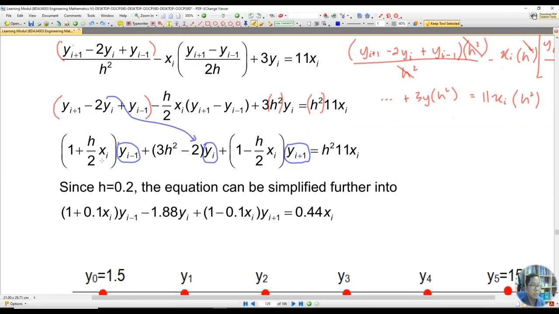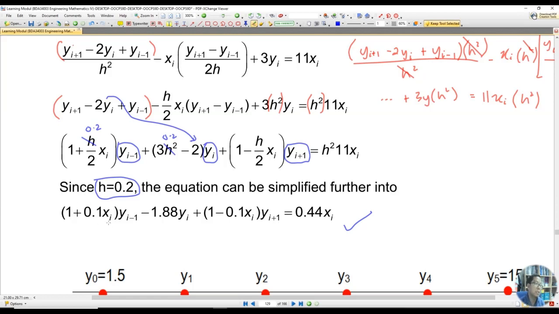Then from this equation, you substitute the h value based on the question. h is equal to 0.2, so you just change to 0.2, and you will get this equation.